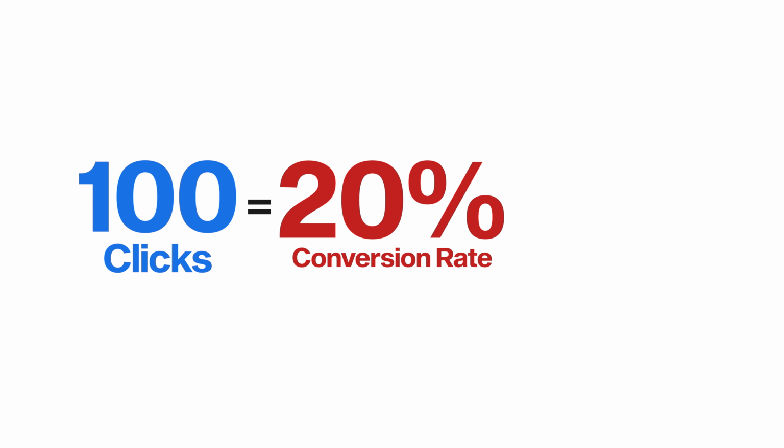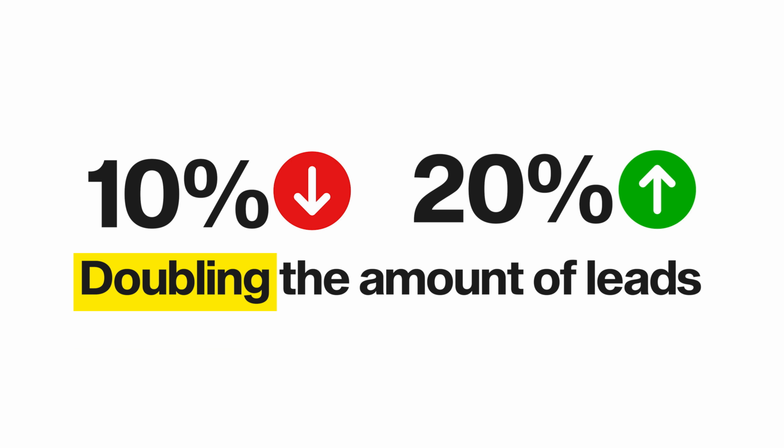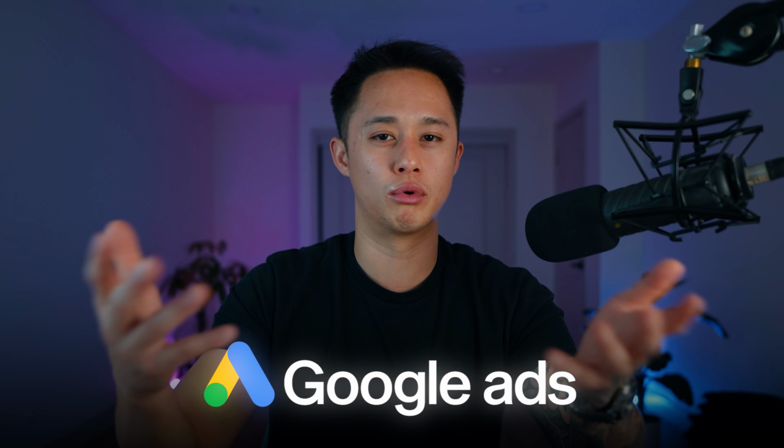And if your conversion rate is at 20%, that means you are generating 20 leads out of those 100 clicks. Over time, those clicks start to add up, those costs start to add up. And so we want to be converting every single one of those clicks, as many as possible, into leads for your business. And so if you can bump your conversion rate from 10 to 20%, you're essentially doubling the amount of leads with the same amount of cost that you're already spending on Google Ads anyways.